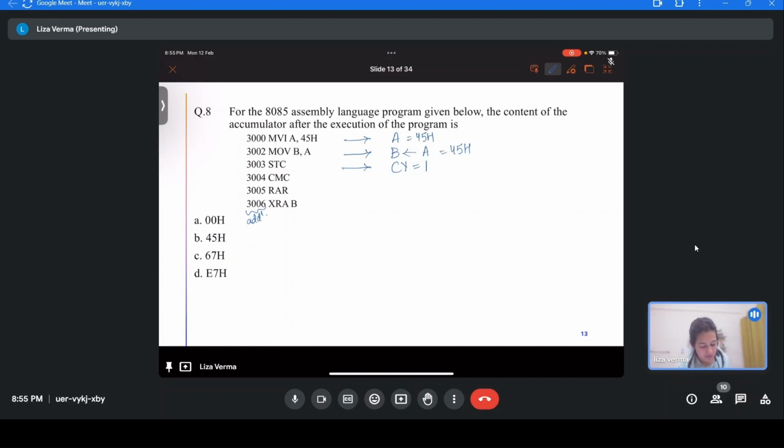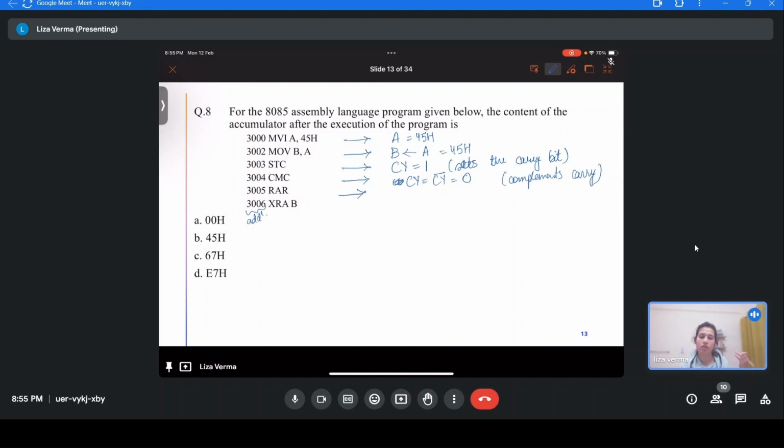CMC will do what? Complement the carry. This one complements the CY, so the carry becomes the complement of itself, which is 0. What will RAR do?